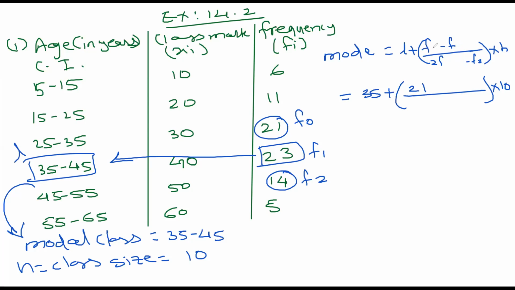Yes, f1 minus f0, f1 minus f0. So 23 minus 21 upon 2 times 23 minus 21 minus 14. f1 minus f0 upon 2 f1 minus f0 minus f2. आला का मीन किती आला?